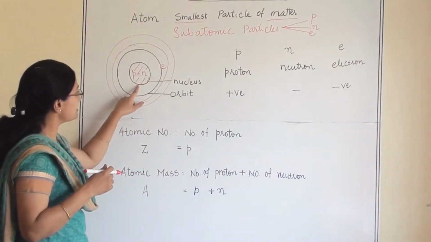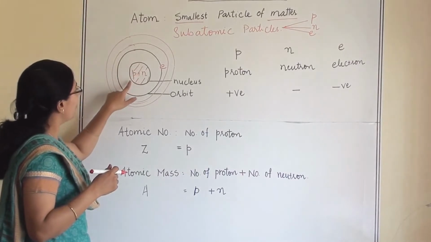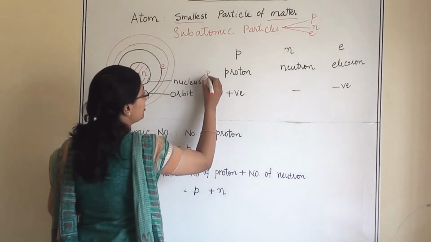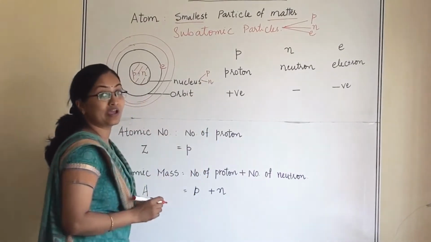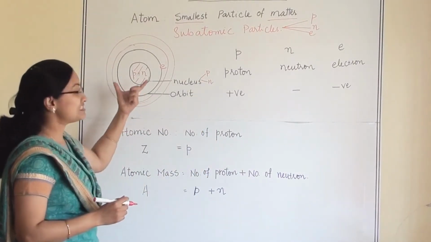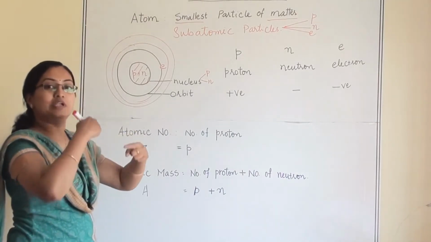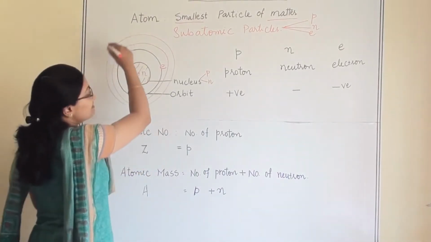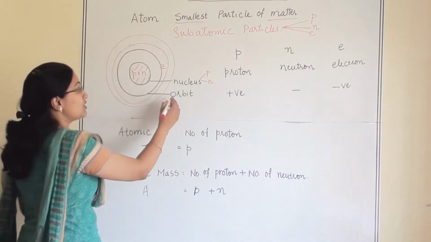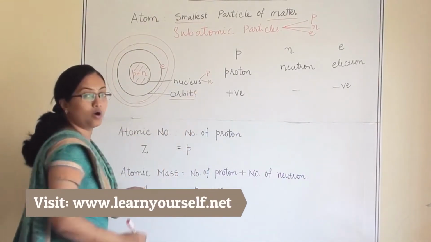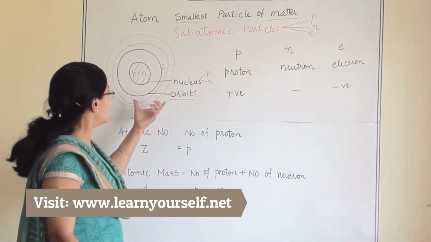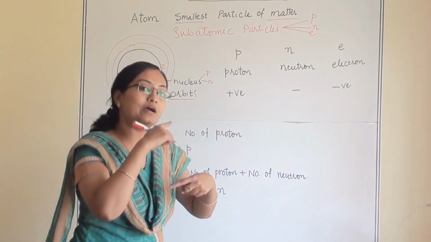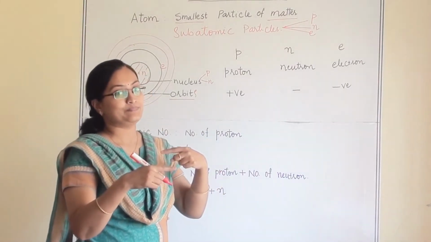In the nucleus there are 2 subatomic particles, proton and neutron, whereas the electron will be rotating around the nucleus. That's why we are making these circles. Circles are known as orbits or orbitals. Through these orbits, the electron rotates around the nucleus.